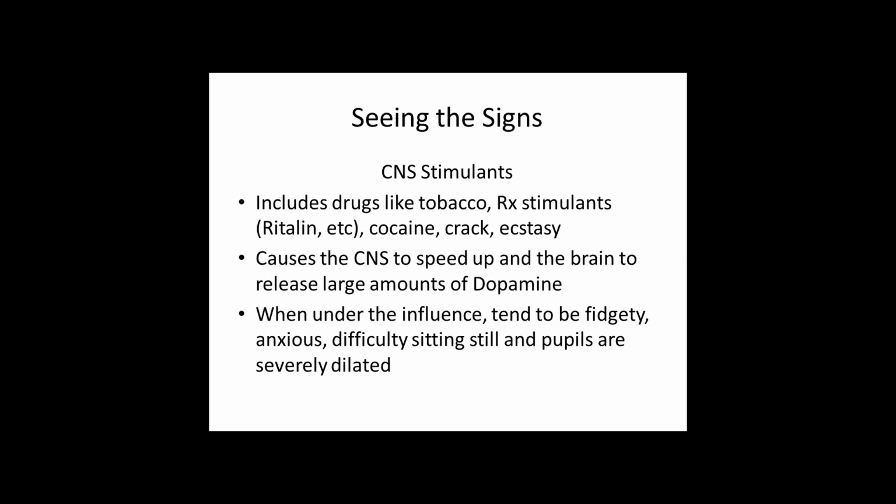So when you introduce a mild stimulant like tobacco, you get a mild rush. But when you have a powerful stimulant like crack cocaine, the amount of dopamine that's released is enormous, and the high is very, very high.